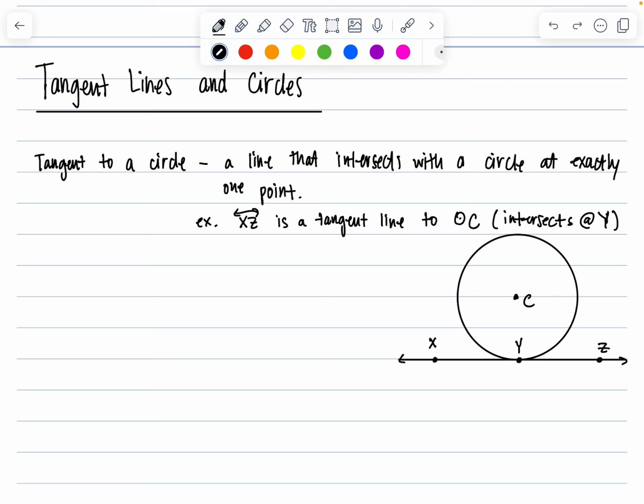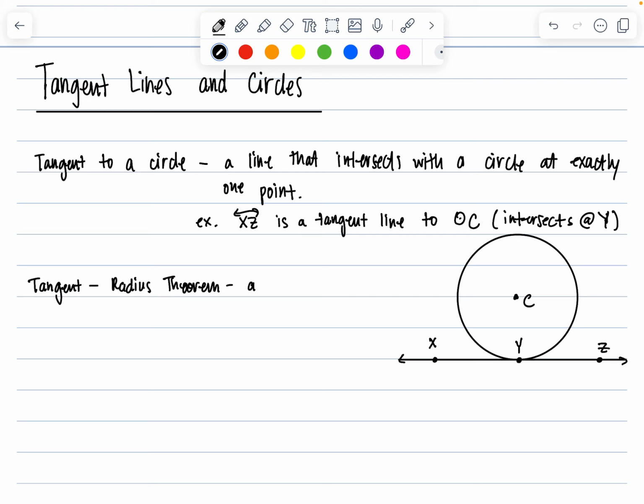Now, there's also a theorem that goes along with this, because if you have a tangent line to a circle, then we have the tangent radius theorem. The name isn't very important. What is important to know is the actual definition.